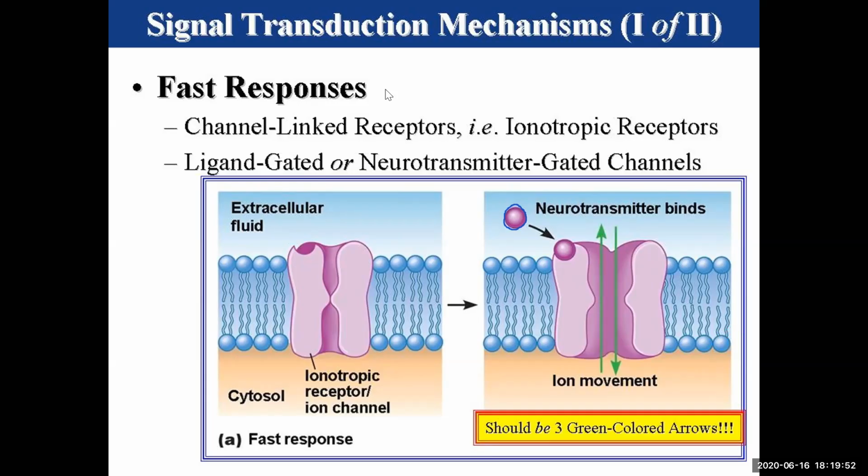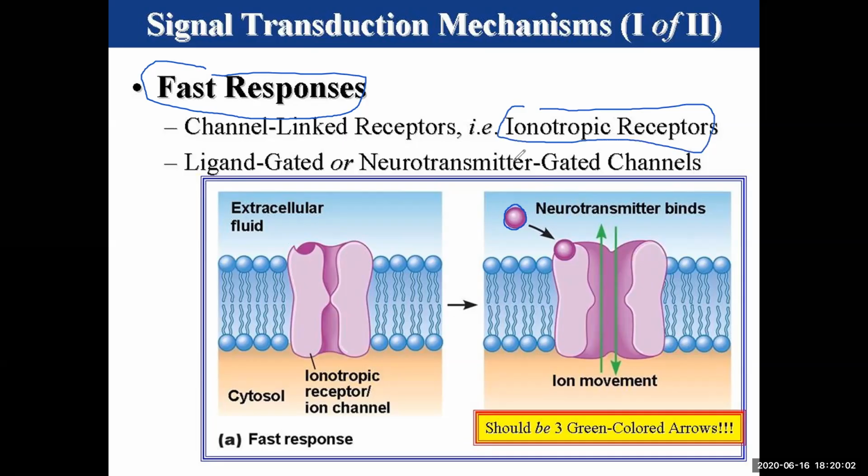So again, when we say fast response, it goes through ionotropic receptors, meaning ion channels, right? Ionotropic receptors, we talk about ion channels with a pore, with a passageway, right? This is a closed channel. This is an open channel, okay?